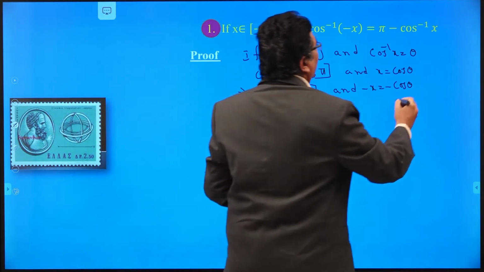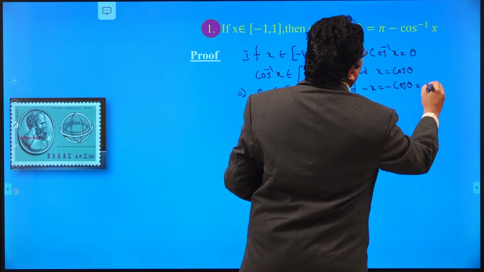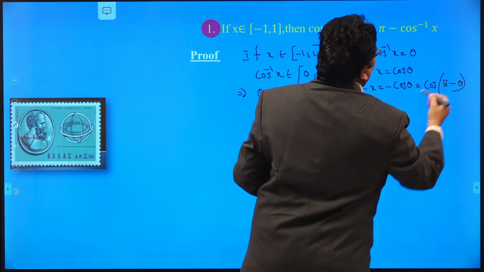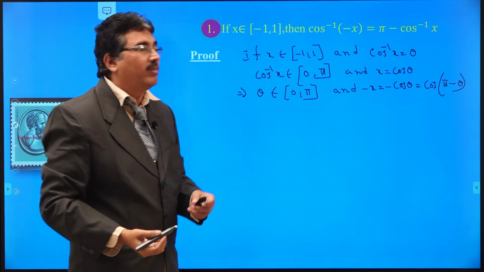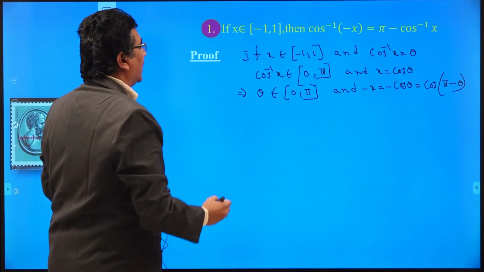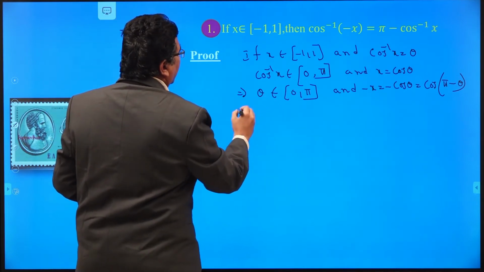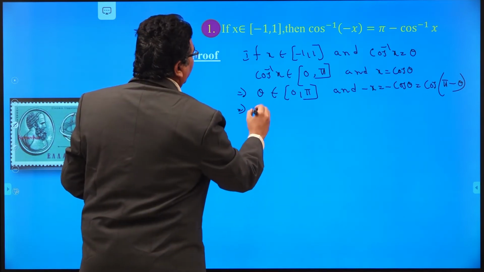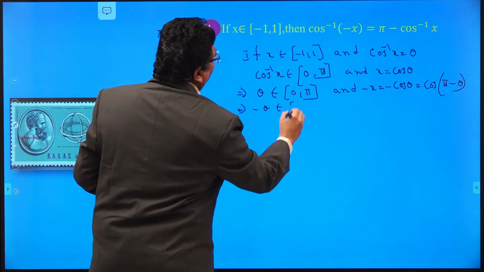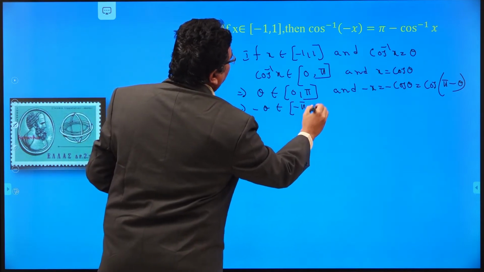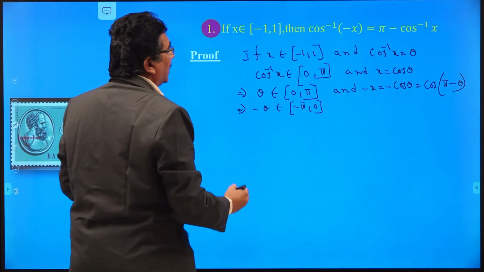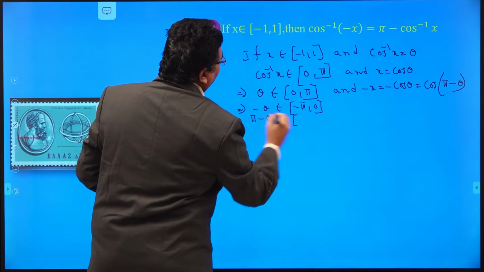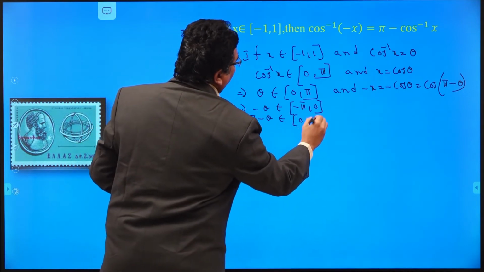Minus cos theta can be written as cos of pi minus theta. Here theta belongs to the closed interval 0 comma pi, so minus theta belongs to the closed interval minus pi comma 0, and pi minus theta belongs to 0 comma pi.